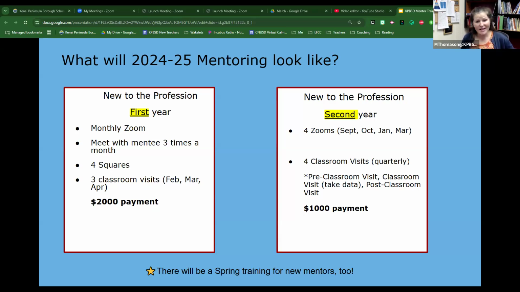If I know you're interested and they come back, then we can just start the work early. However, there's always some modifications in the second year, depending on if your new to profession teacher is even at your building. Sometimes they move buildings as well. So just let me know your interest.